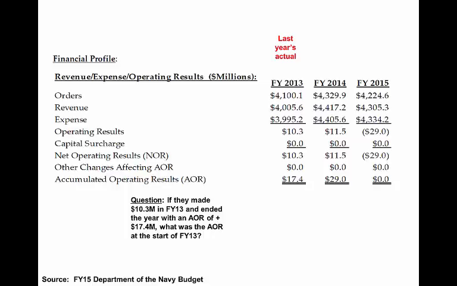So if they earned 10 but ended up with 17, that means they must have begun FY13 with $7.1 million of accumulated operating result. Recall also that the goal of the budget is to end with an AOR of 0.